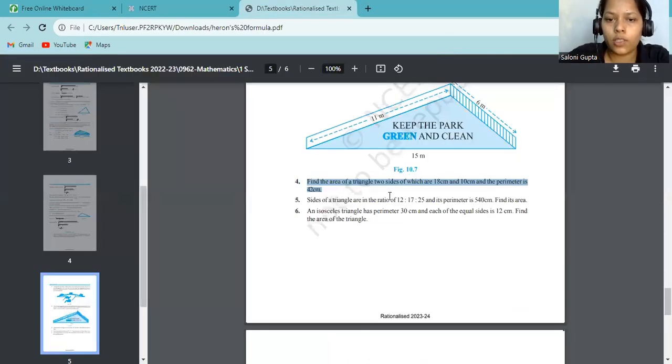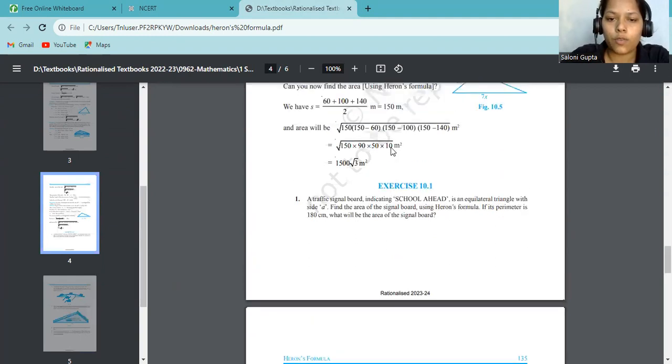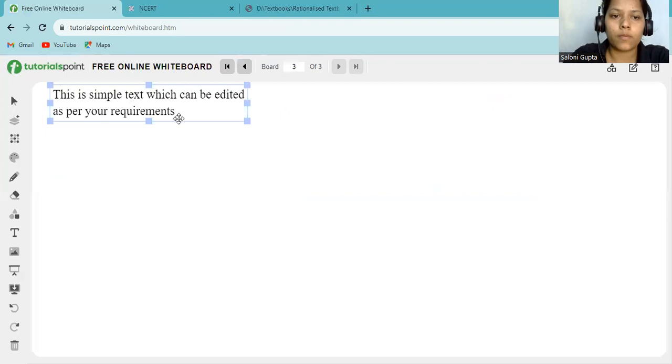The question 1 is: a traffic signal board indicating the school ahead is an equilateral triangle with a side a, and we have to find the area of the signal board using Heron's formula. If its perimeter is 180 centimeter, what will be the area of the triangle? So let us do it. I'm writing the question here.